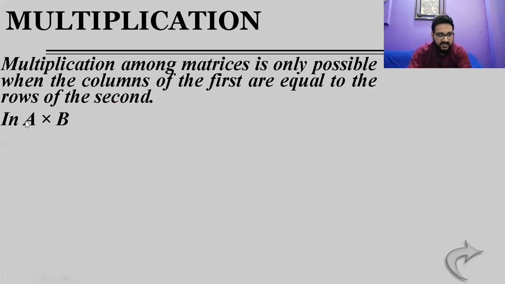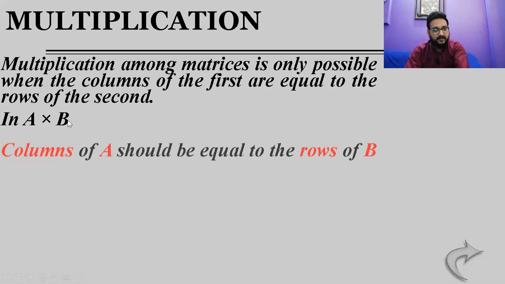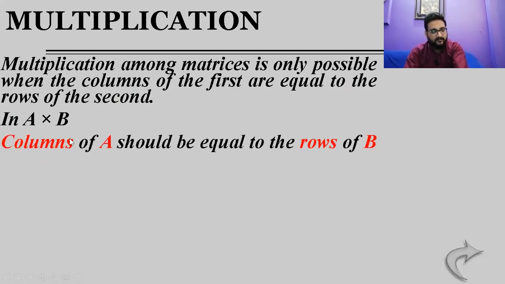Suppose in A multiplied by B, first we check the rule of multiplication, whether it is possible to multiply or not.